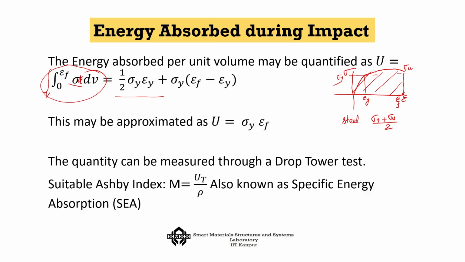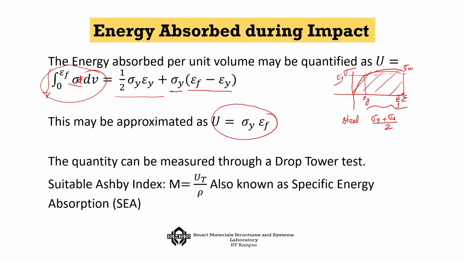That means you take an average somewhere, and then consider that area. If you consider it in a conservative way, sigma y times epsilon f minus epsilon y, naturally this region for a metal is quite big. So, this area is smaller in comparison to that. That is why many times we simply approximate it as sigma y epsilon f.